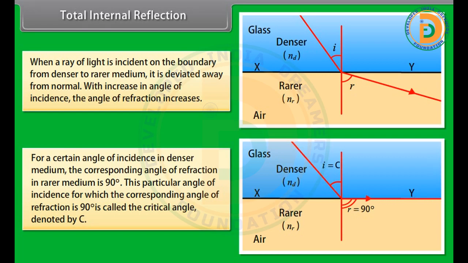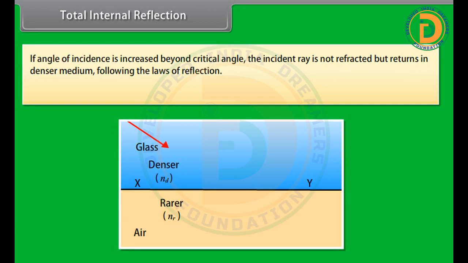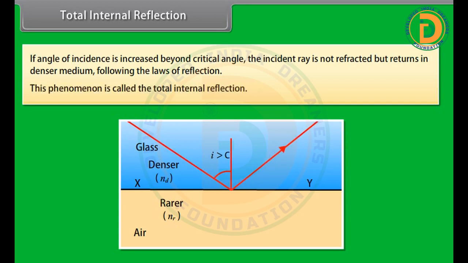This particular angle of incidence, for which the corresponding angle of refraction is 90 degrees, is called the critical angle, denoted by C. If the angle of incidence is increased beyond the critical angle, the incident ray is not refracted but returns into the denser medium following the laws of reflection. This phenomenon is called total internal reflection.